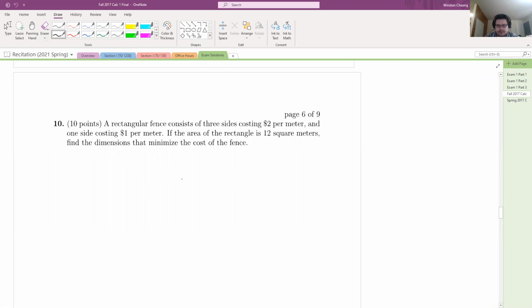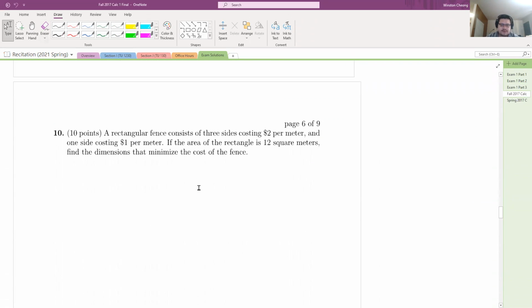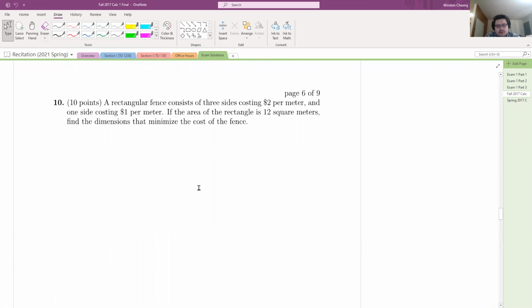Okay, number 10. This is a, what's it called? Related rates problem? Yeah, I think that's what it's called. Rectangular fence, 3 sides. I'm not sure if we did a problem similar to this. This is definitely pretty standard among what we give, but for this semester, the problems might have been slightly different.